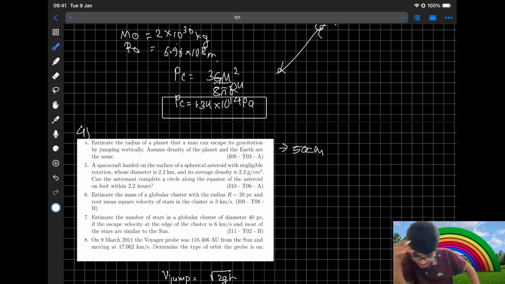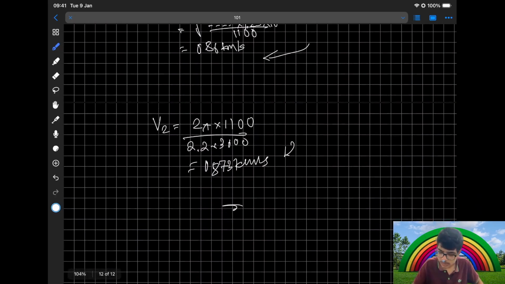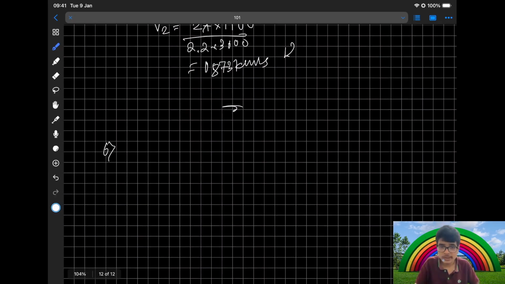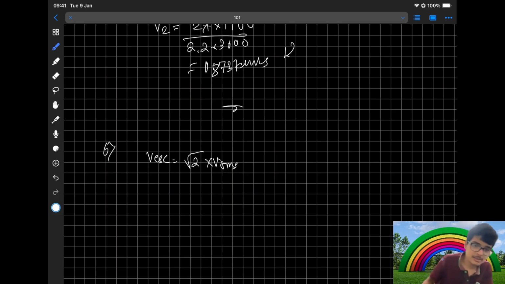Estimate the mass of a globular cluster with a radius of 20 parsec, where the root mean square velocity of a star in this cluster is 3 kilometers per second. I don't suppose this is a question of data analysis. This is one of the easiest questions, I guess. We know that escape velocity is just root 2 multiplied by v, where v is the RMS speed.